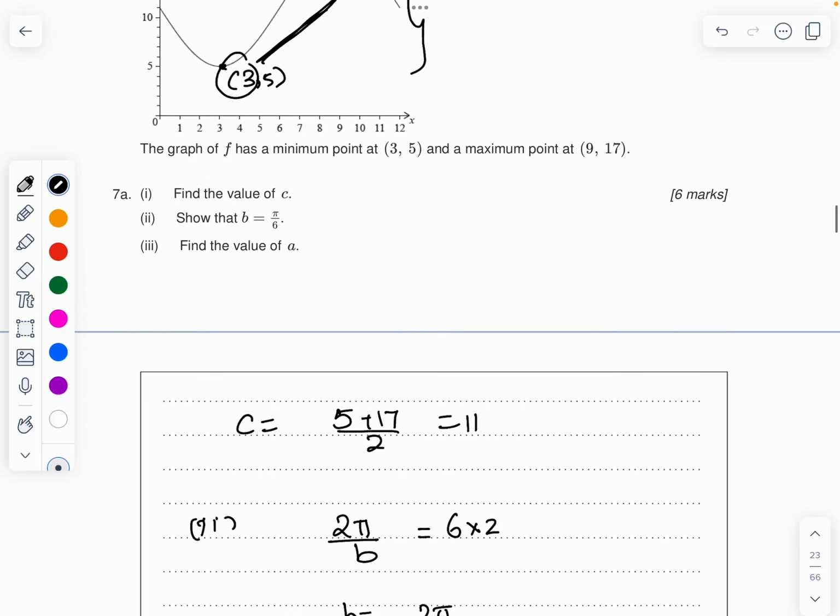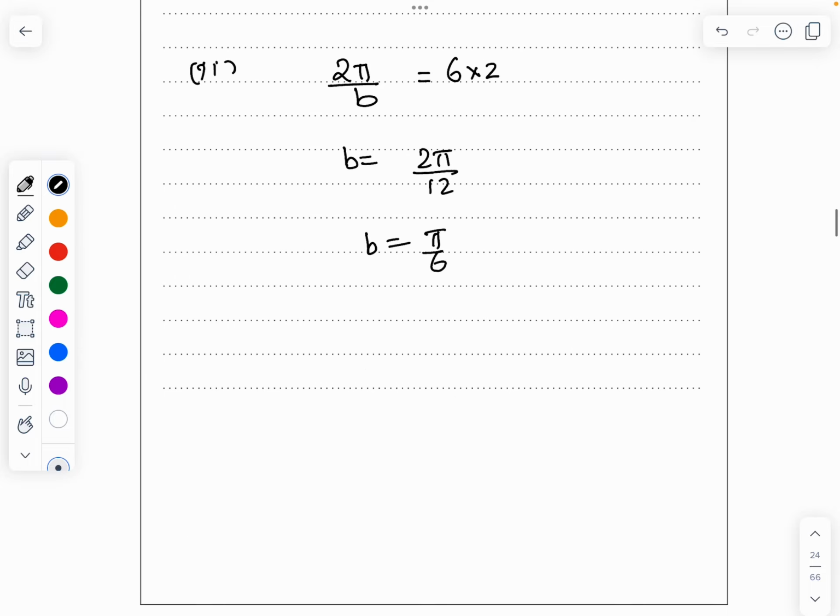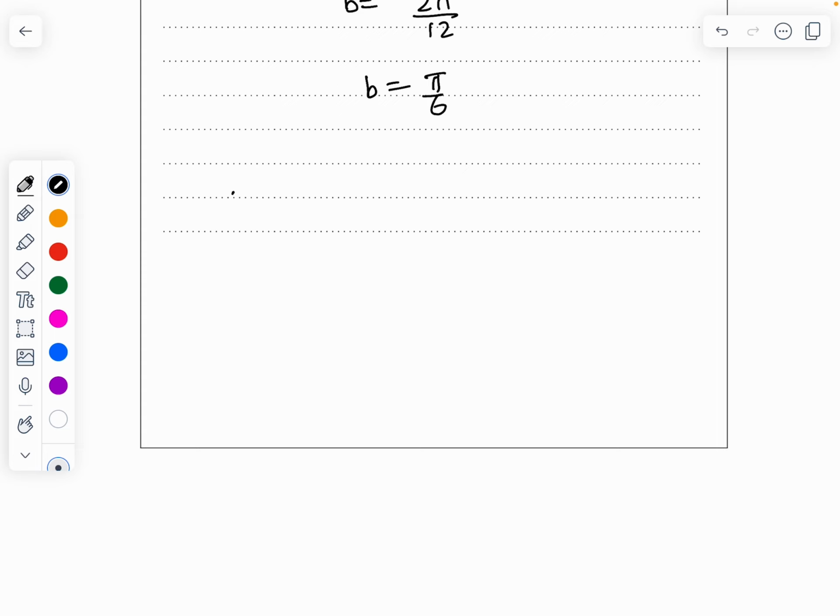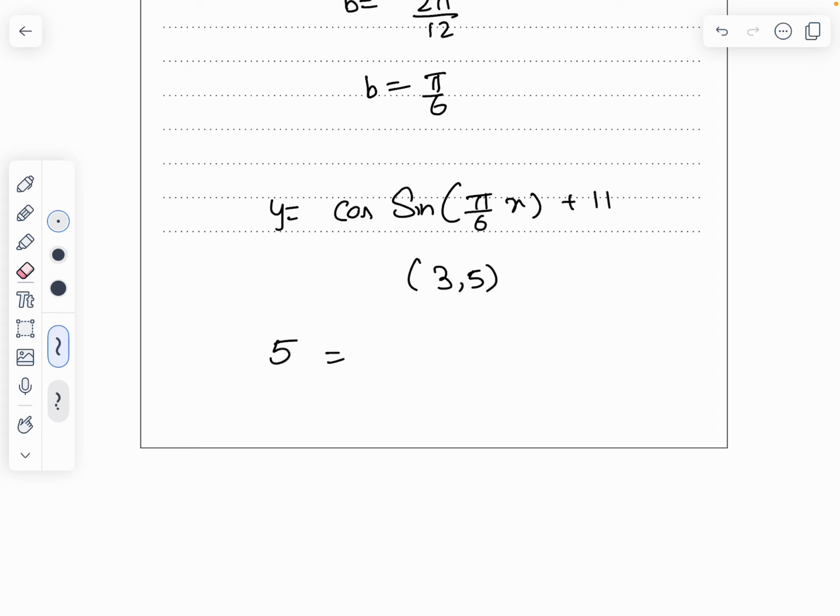Then find the value of a. So what am I going to do? We got the equation y equals a sine of bx plus c, where b is pi by 6 and c is 11. Now the point is (3, 5); it lies on the graph.